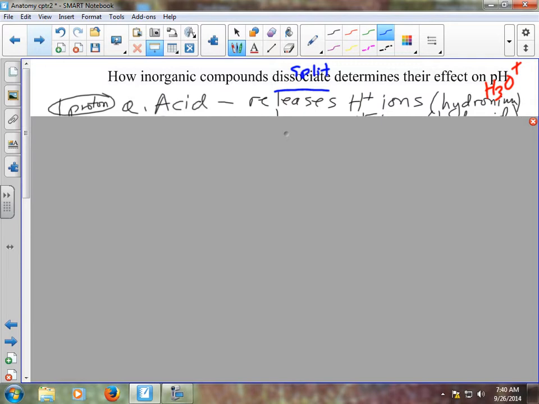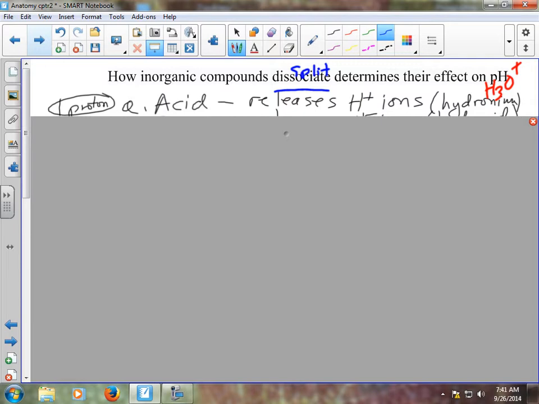All right, so here's the idea. Let's keep it real simple. If I pour some hydrochloric into water, this is going to split into the cation and the anion. Voila, I have an acid. It's that simple.